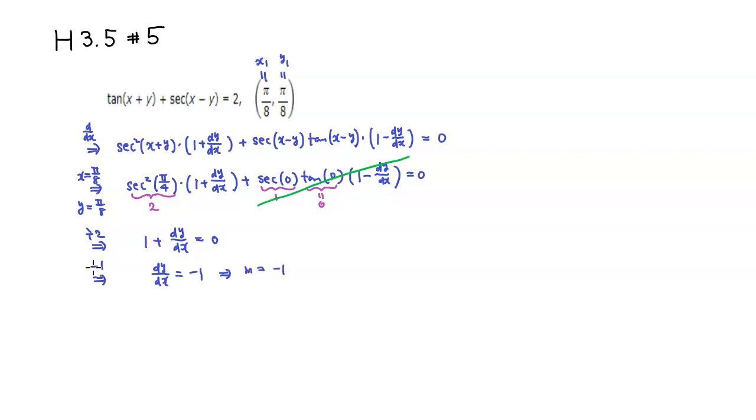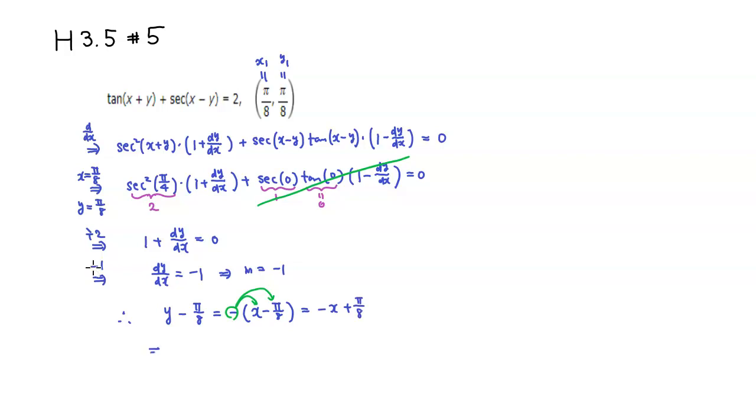So the equation is y minus pi over 8, that's y1, is equal to negative 1 times x minus pi over 8. So we can distribute the negative sign into both terms there. Then we have negative x plus pi over 8.